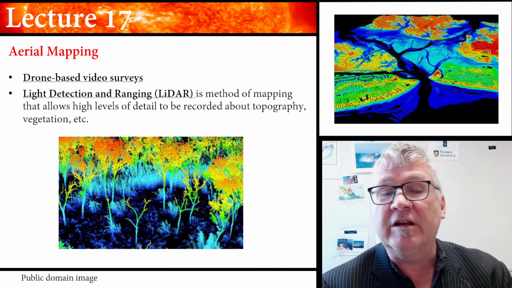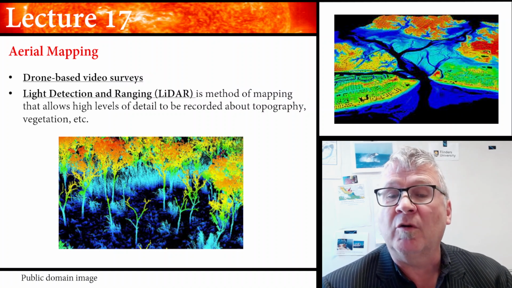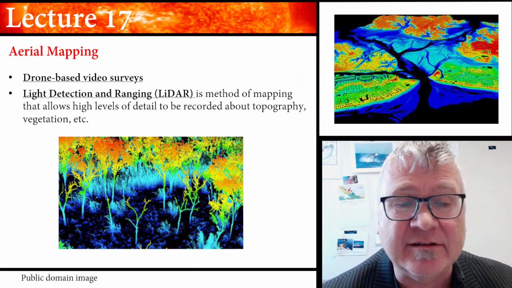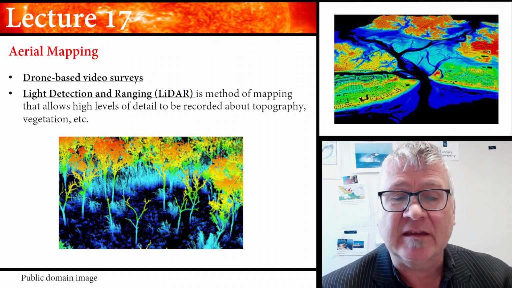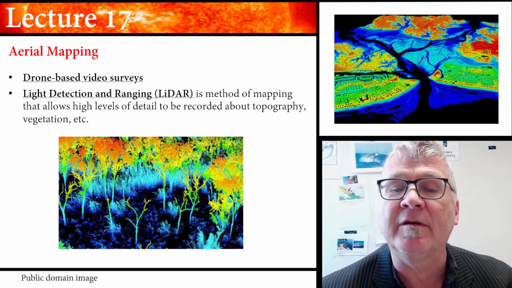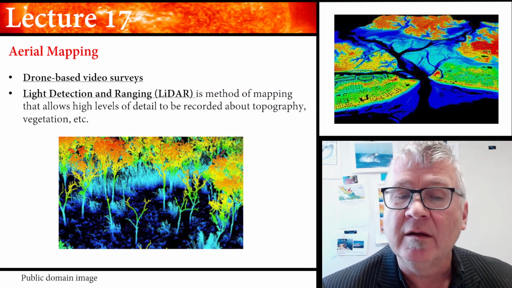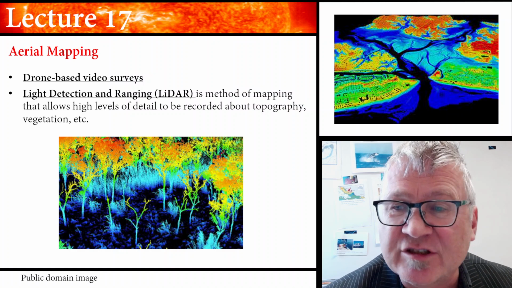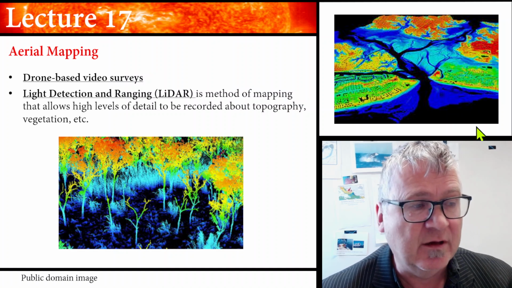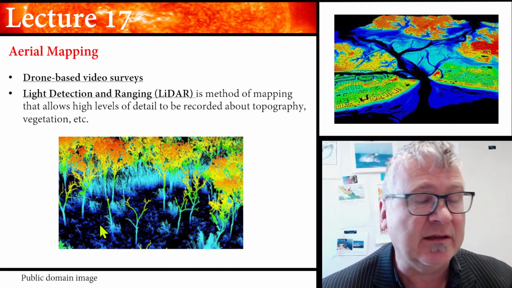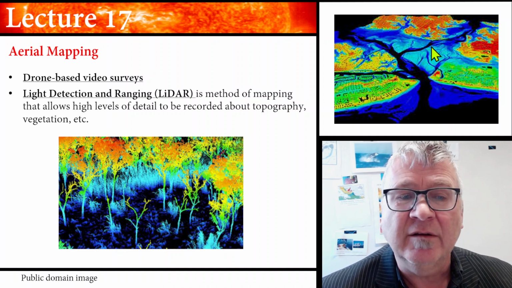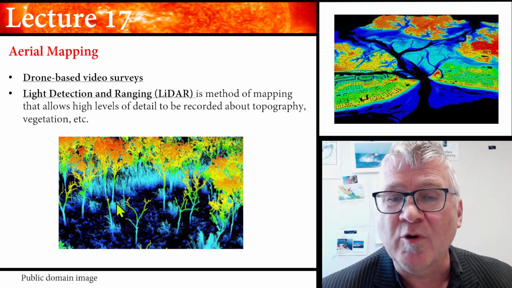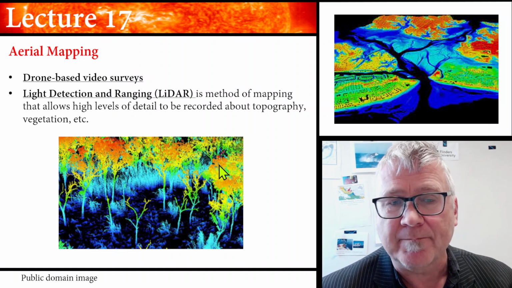But traditionally we use a method called LiDAR, which is light detection and ranging, which is a method of mapping that allows high levels of detail to be recorded about topography and vegetation and related features. And here are some maps. You can see the high resolution that you get from the light detection and ranging mapping.